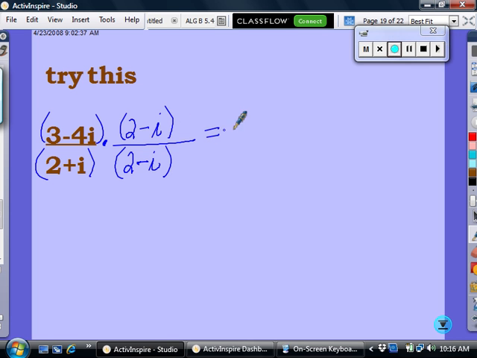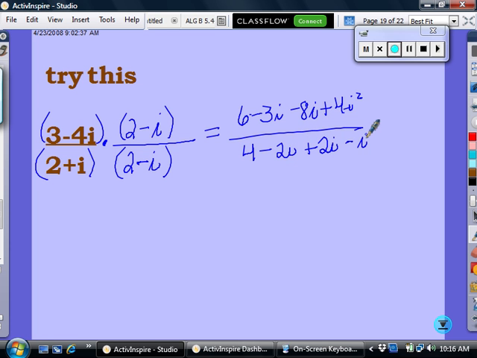All right, so did you FOIL? First, outer, inner, last. Be very careful with your signs here. First, outer, inner, last. And when you see that negative or that I squared, you're thinking about a negative 1.